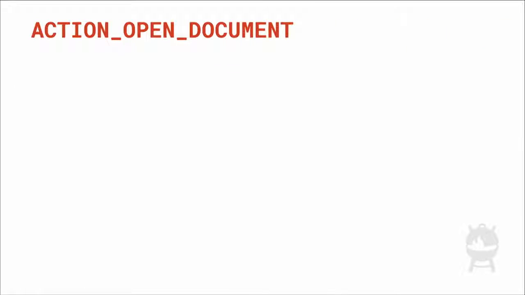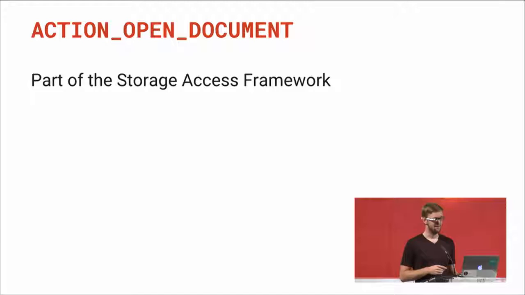So from our chart at the beginning, KitKat changed a lot of things. It added a new action called action open document. This is part of what we call the storage access framework, which is a really big, scary, easy-to-Google name if you need more information about it.